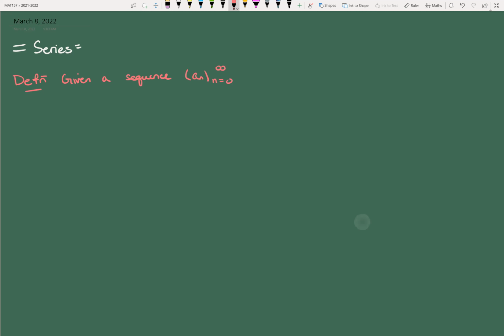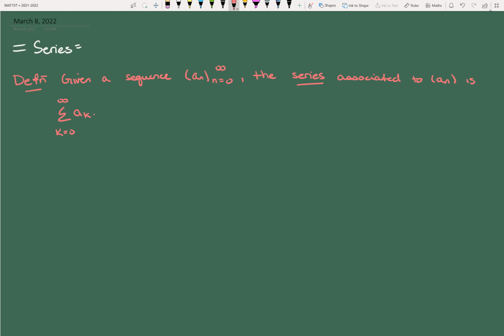For n equals 0 to infinity, the series associated to a_n is this thing. Okay, so right now this is just a purely formal object. We haven't talked about whether this thing is finite, or even if it makes sense.